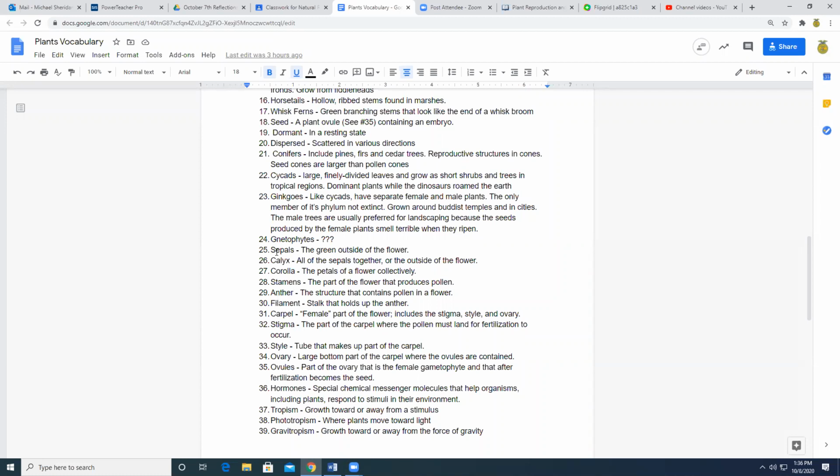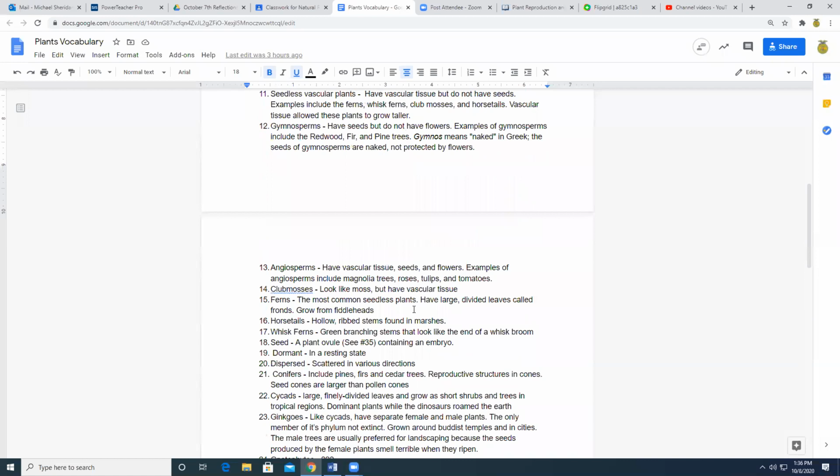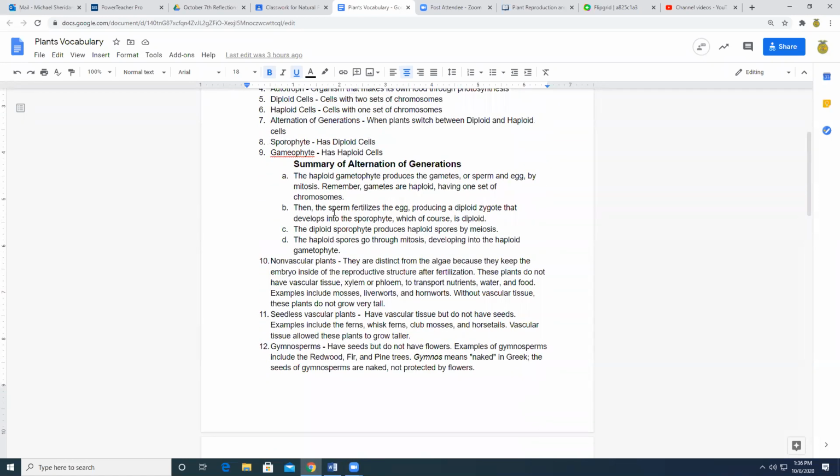You've got your stamen, which is producing pollen, which are the sperm cells of a plant. And then you have the female part of the flower, which is your carpel. That whole process we're going to talk about here in a second is the summary of alternation of generations.